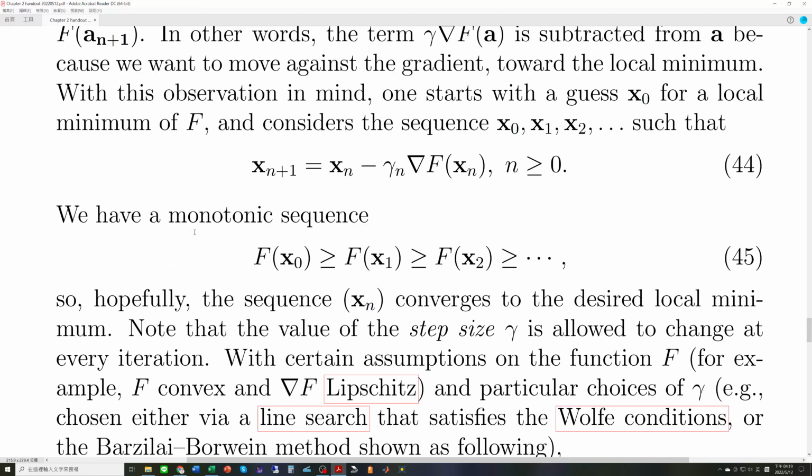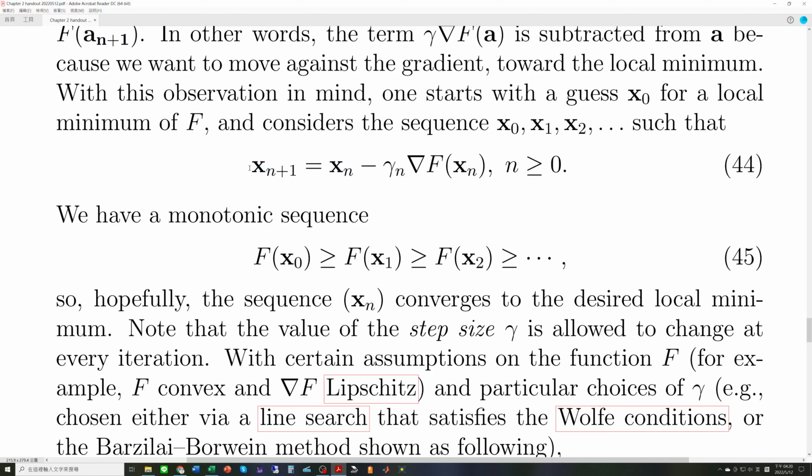We have a monotonic sequence f of x0, which is greater than or equal to f of x1, which is greater than or equal to f of x2, which is greater than or equal to etc., where x0, x1, x2 is a sequence such that equation 44 is established.